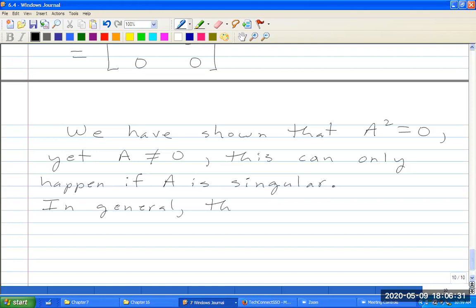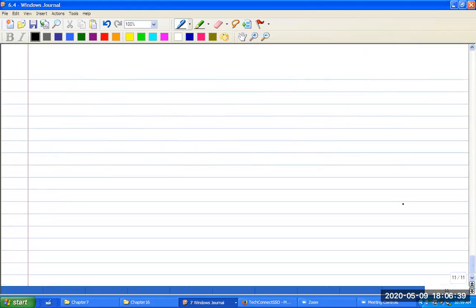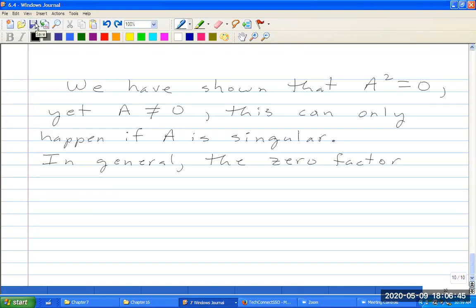So what this means is that in general, the zero factor property does not hold for matrices.